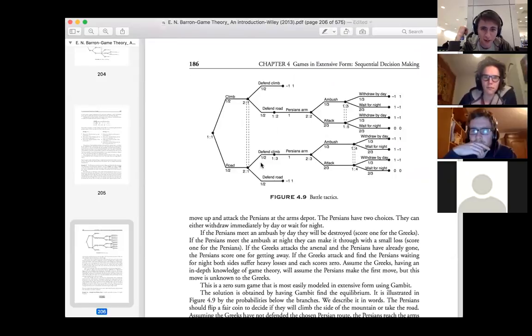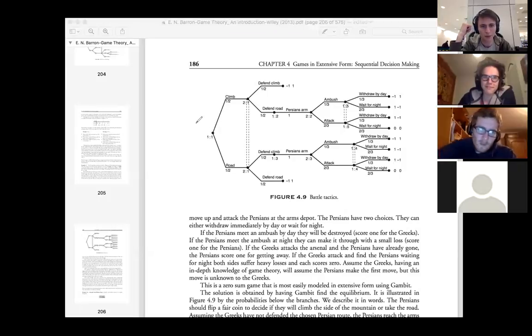So here, this is essentially Greece versus Athens. It's a contrived example, of course, not a real thing. The idea is that the Persians are player one. So I'm going to do this really carefully. Player one is the Persians.